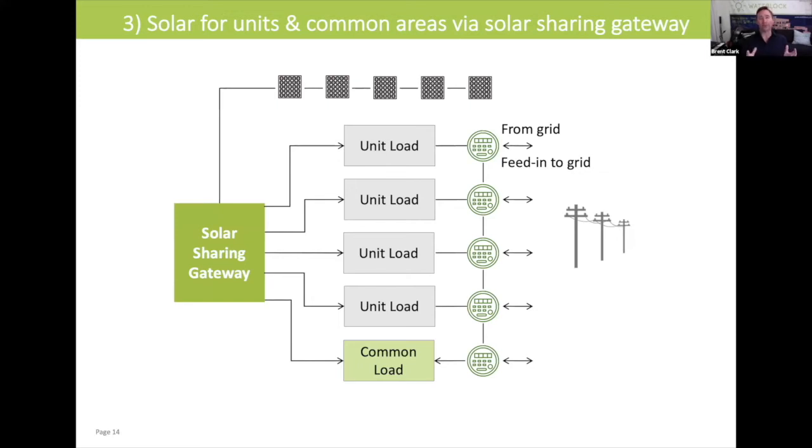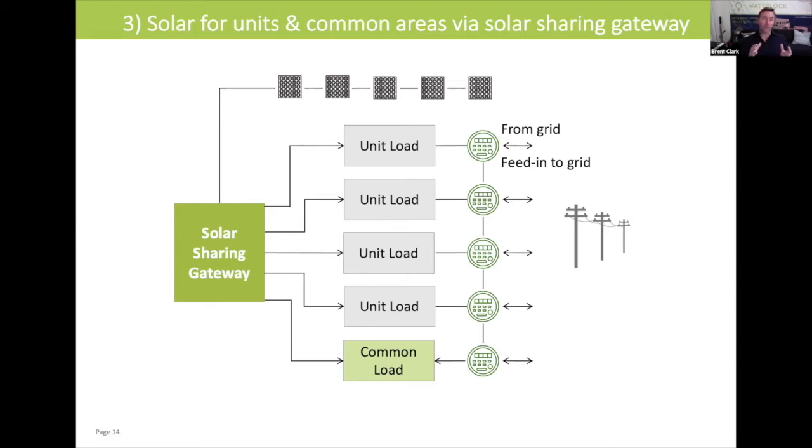So if we look at this picture, we can see a single solar system on the roof of the apartment building. That's connecting through to a solar sharing gateway. But before the power goes into the solar sharing gateway, it goes through an inverter, gets converted to AC, and then the solar sharing gateway is actually measuring the demand in real time of each of the units that it's connected to.